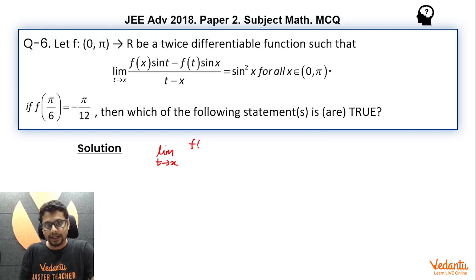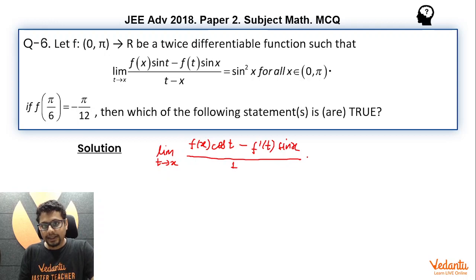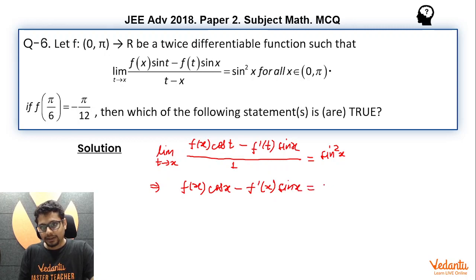So here it becomes f of x cos t minus f prime t sin x divided by 1 is equal to sin square x for every x in this interval 0 open to pi open. Now, as t tends to x, you have f of x cos x minus f prime x sin x is equal to sin square x.